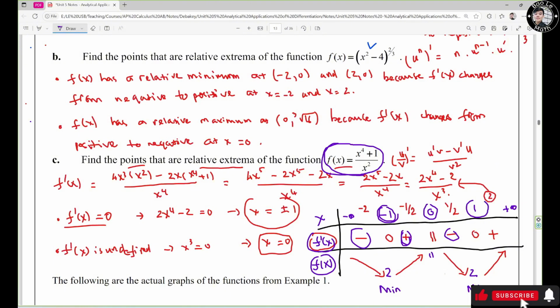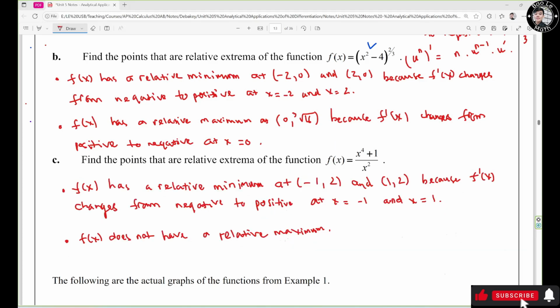And there is no relative maximum because the function f of s is undefined at s equals 0. Now we can bring up the calculator to check our work, right?